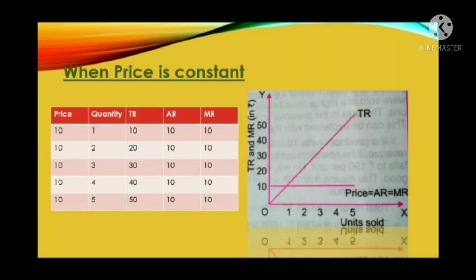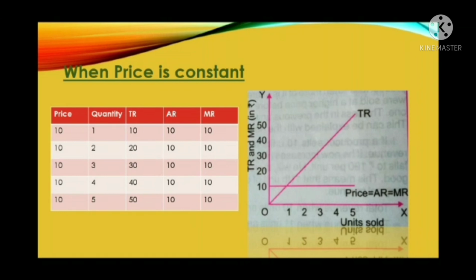Now, this table has been expressed in the form of a diagram. If price is fixed, the average revenue curve is a horizontal straight line parallel to the quantity axis. Marginal revenue will coincide with it as shown in the figure. This clearly shows that every additional unit of the product can be sold by the firm at a given price.